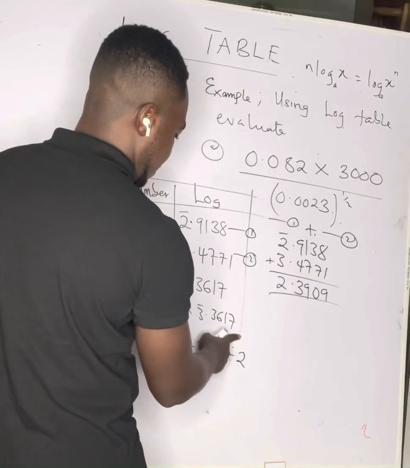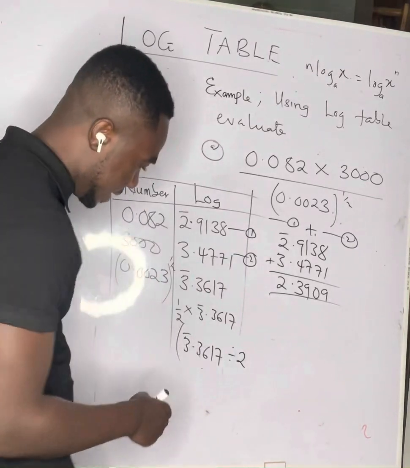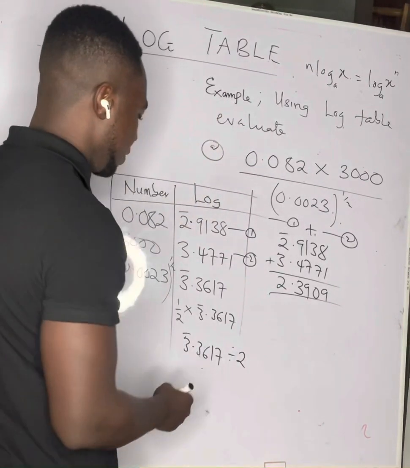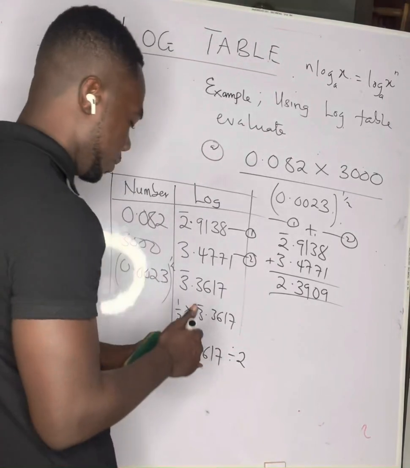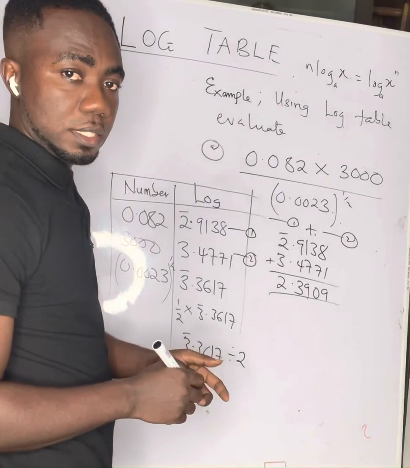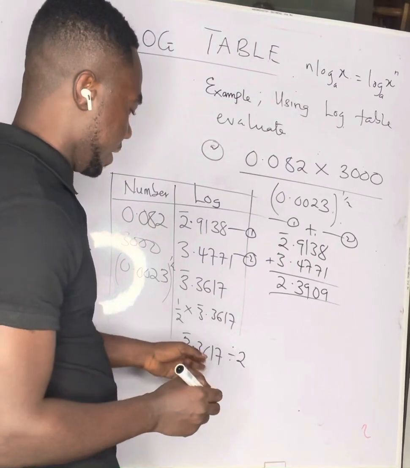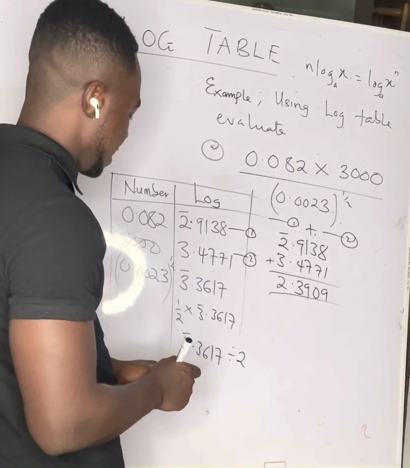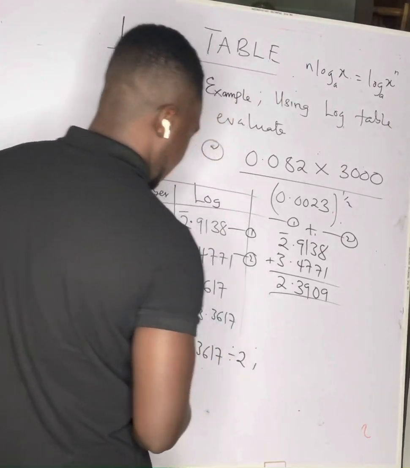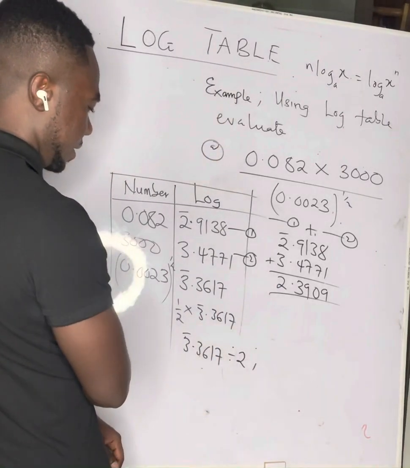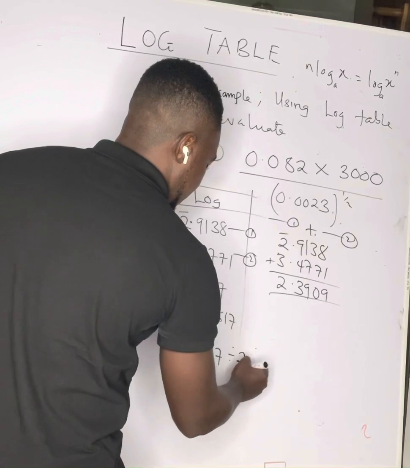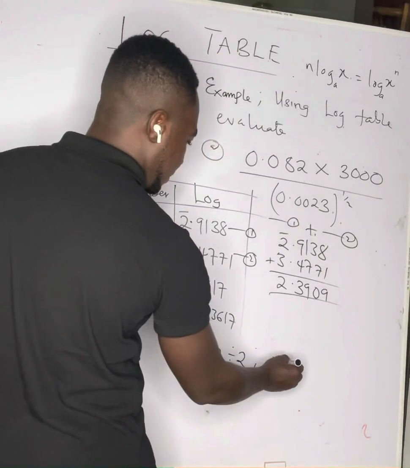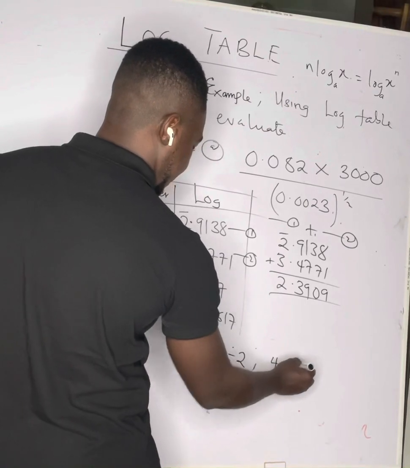When you get an expression like this and you are dividing, first you need to look for a common factor that 2 will divide without a remainder, the least number that 2 will divide without a remainder. It means that this expression can be written as minus 4 plus 1.3617.